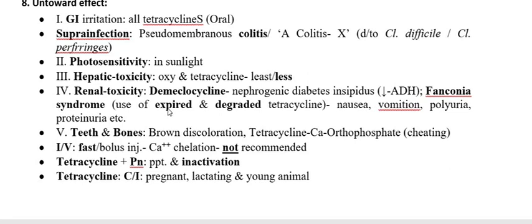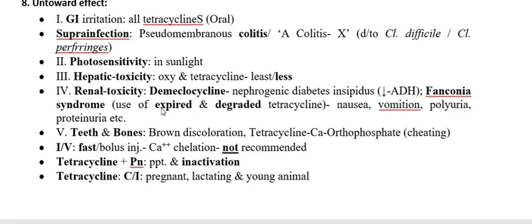That important point is that usually we are not going to use tetracycline when it has expired, because expired tetracyclines are going to produce a syndrome we call Fanconi syndrome, and in the symptoms we will see nausea, vomiting, polyuria, proteinuria.